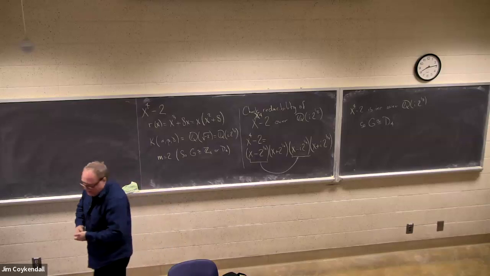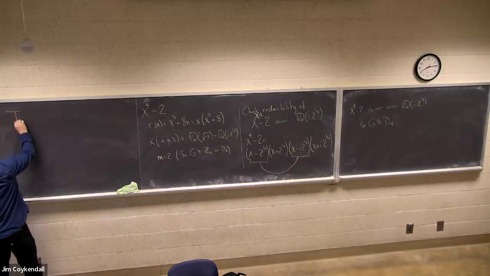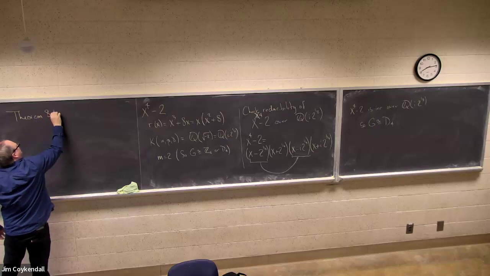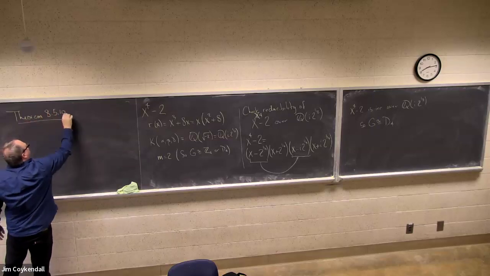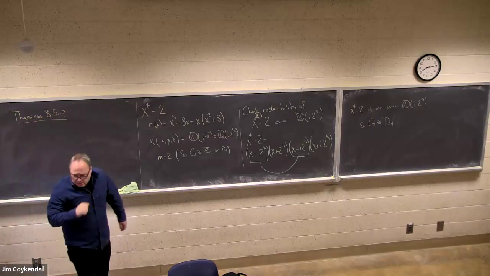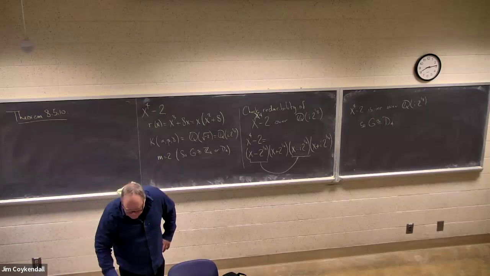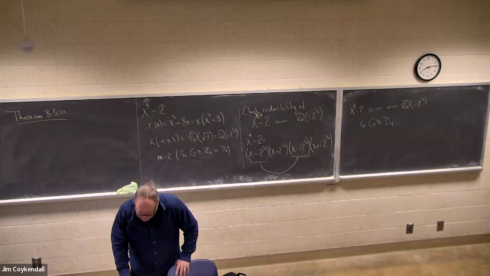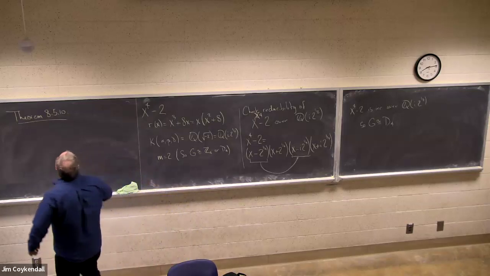So theorem 8.5.10. Let's suppose that f of x is a monic polynomial of degree n with coefficients in Z, and p a positive prime.